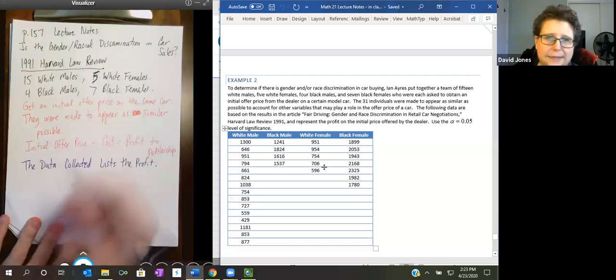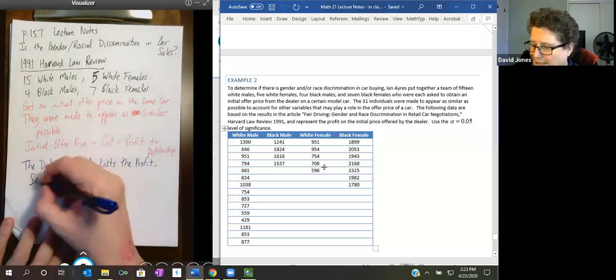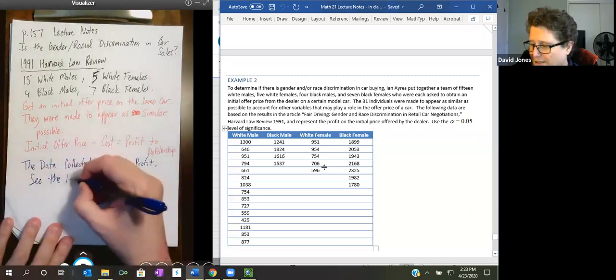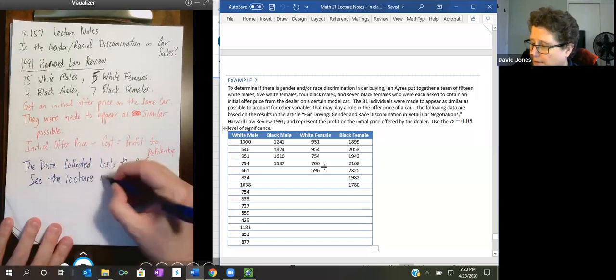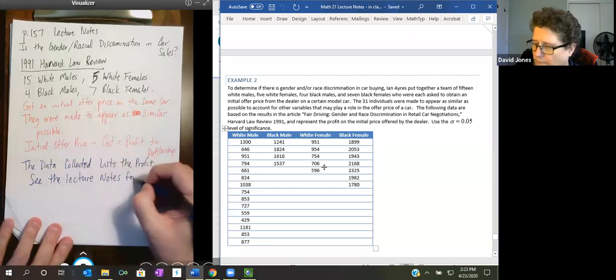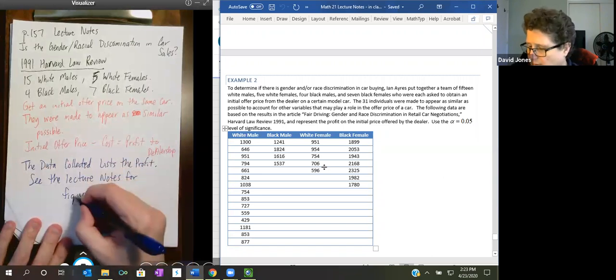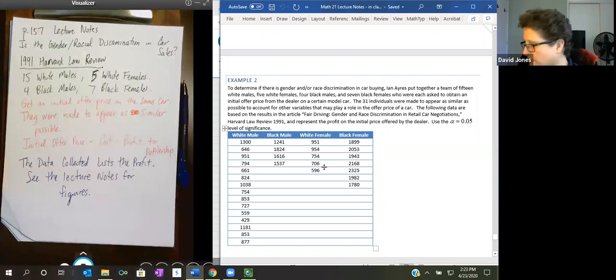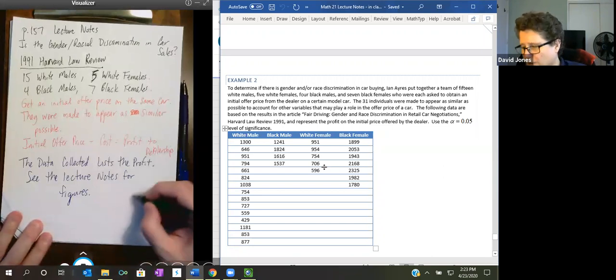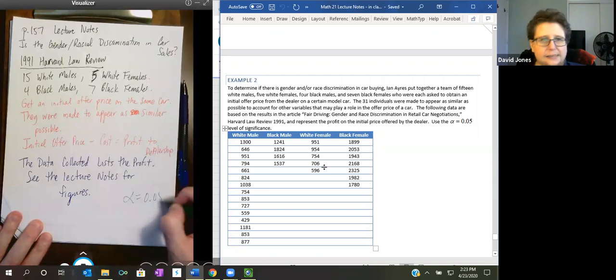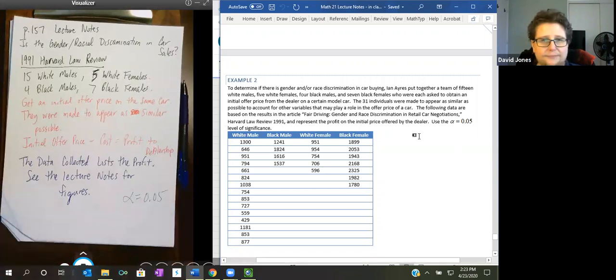And I'm not going to copy down the lecture notes. So see the lecture, there's a lot of fields there. See the lecture notes for the numbers. You can see it in this video as well. They're right there. Do note it says use alpha equals 0.05 level of significance.